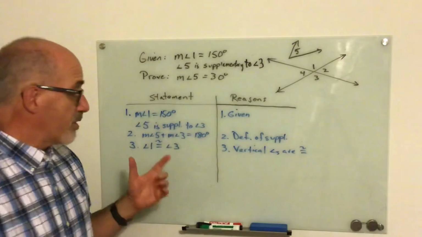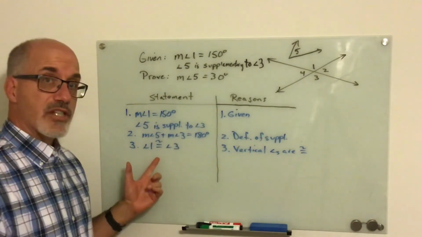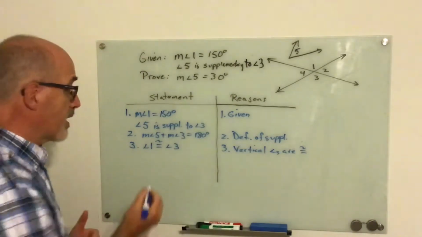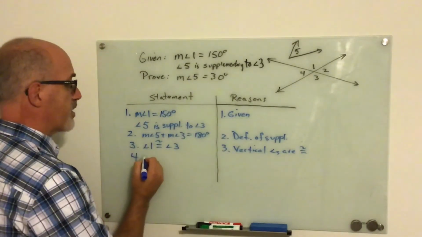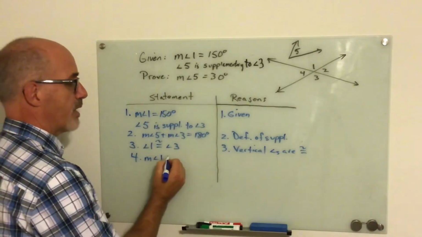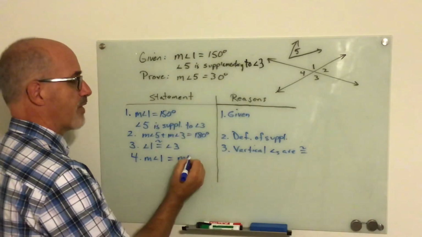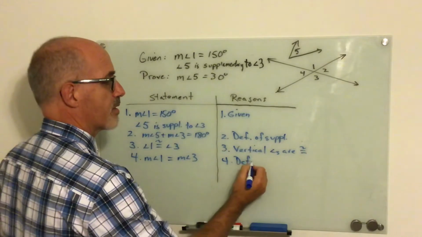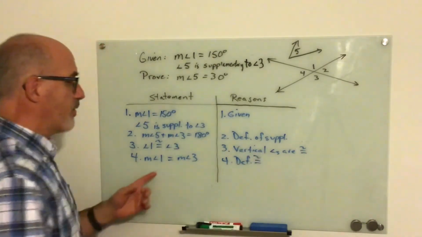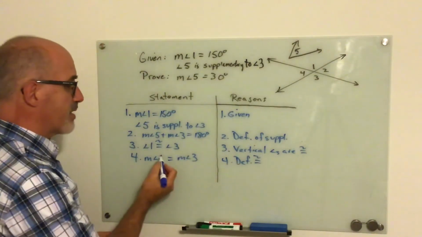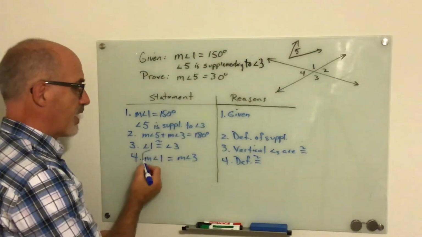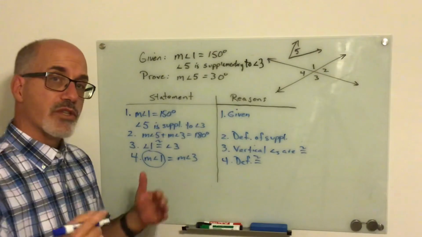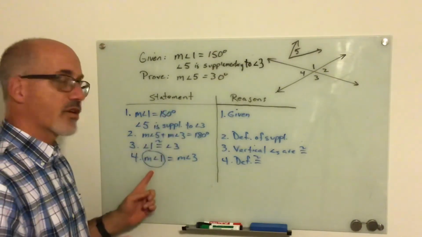Now, if you look at this, we can use the definition of congruence to put it into measurements. So if we convert, this becomes the measure of angle 1 is equal to the measure of angle 3, and that's by the definition of congruence. And now if you look, we've got a measure of angle 1 here, and we can substitute in 150 degrees for it.